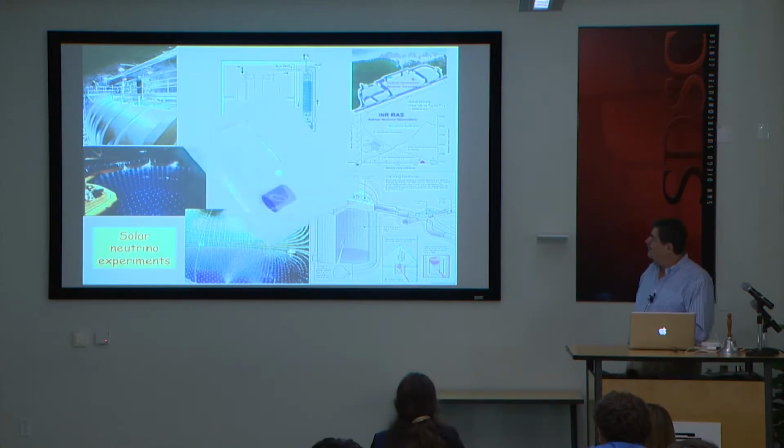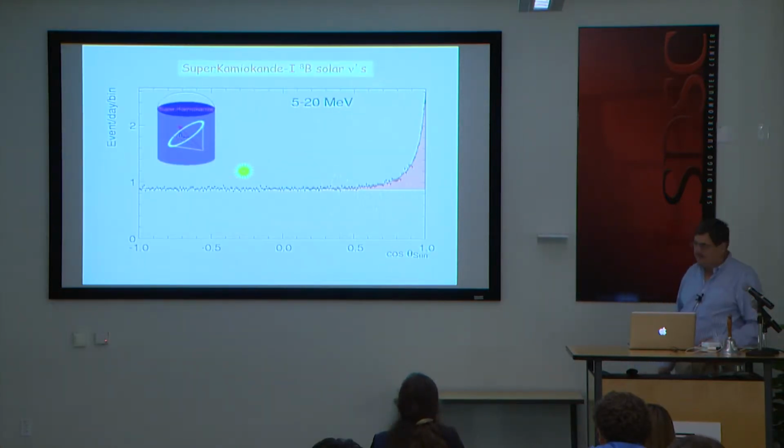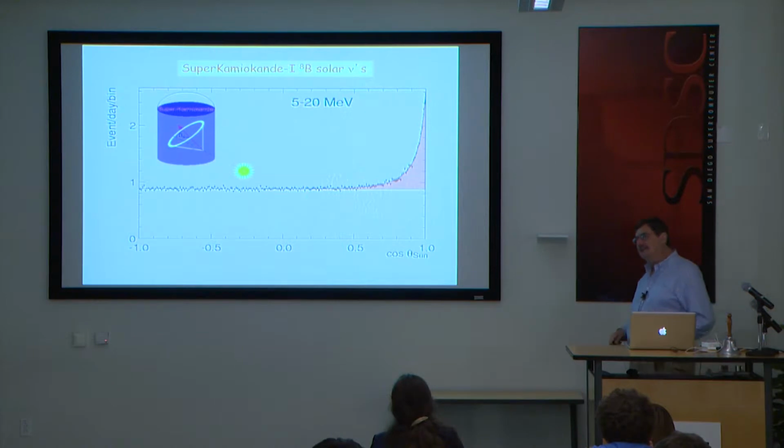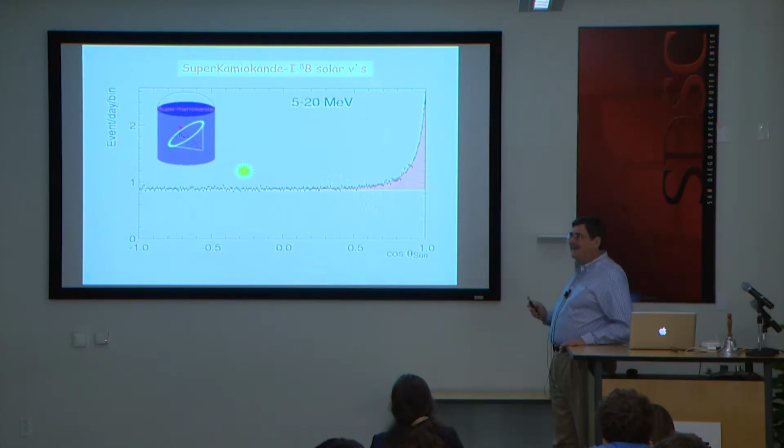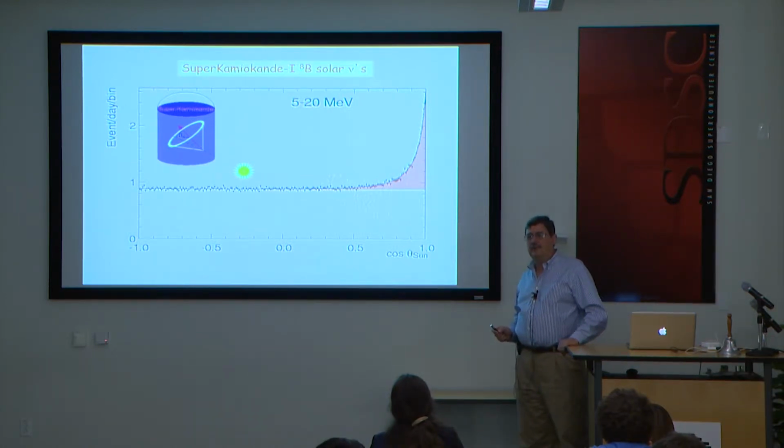So for example, if you have a water Cherenkov detector, this is not the historically first one, what happens is that the neutrinos are coming from the sun. They typically have energies up to about 10 MeV, and they hit an electron in the water. Well, electrons have a rest mass of about half an MeV.